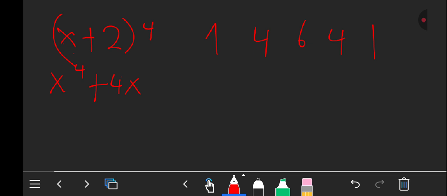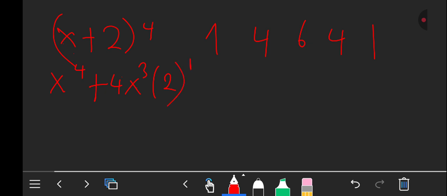Then x, you write x. So x is going to decrease from 4 to 3. Then what will happen to b? b is going to increase from 0. Of course, we never wrote 2 to the power 0 in the first term, because we know that any number to the power 0 is just 1. So no wonder we ignored it.